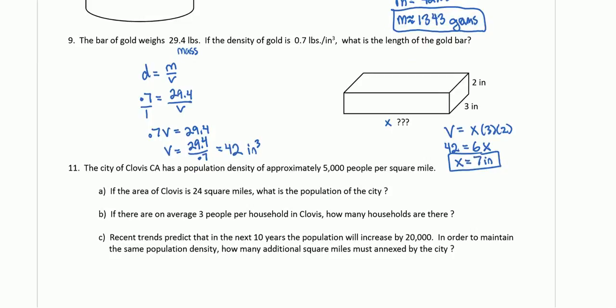Number 11 deals with population density, which uses a very similar form. It's not exactly mass and volume, but let's take a look here. The city of Clovis has a population density of approximately 5,000 people per square mile.